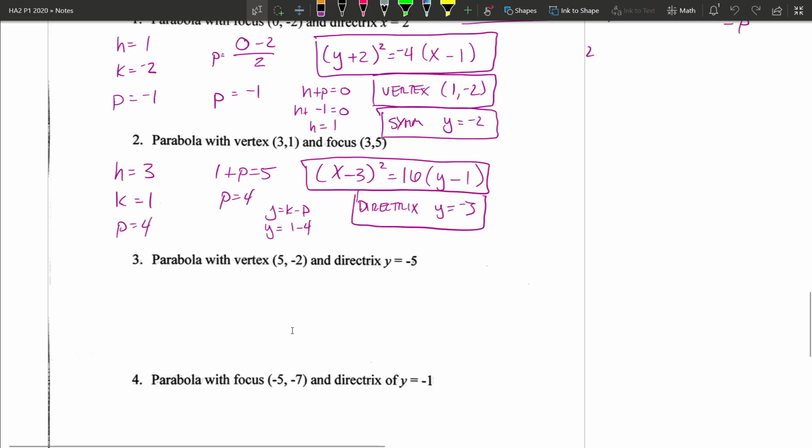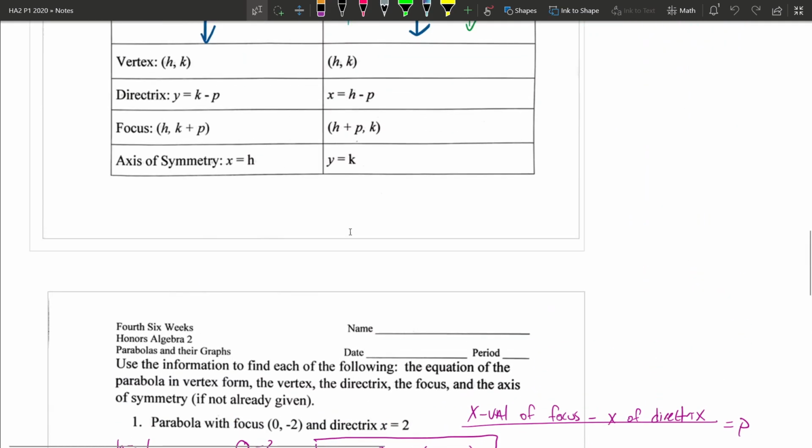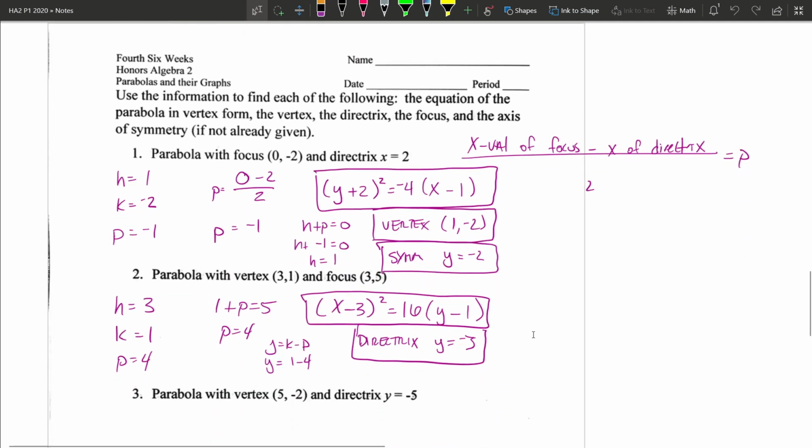Okay, what's next on the list? The focus. We already got that. The axis of symmetry. Axis of symmetry on a vertical is x equals h. So the axis of symmetry should be x equals 3.